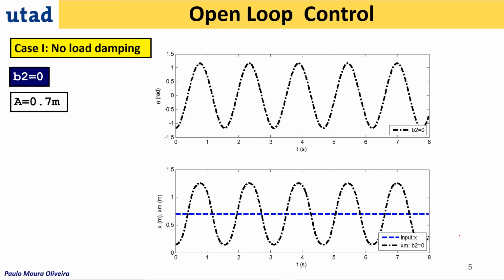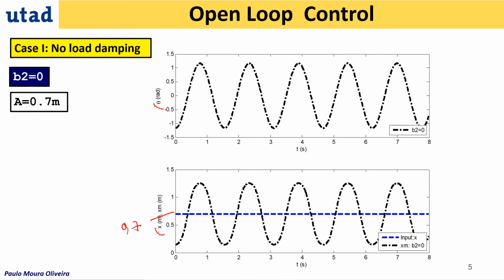In the first case, with no load damping, we apply a step with amplitude of 0.7 meters, and since there is no damping, we get a perfect oscillation. We can see here that this is 0.7, this is the angle, and this is the x.